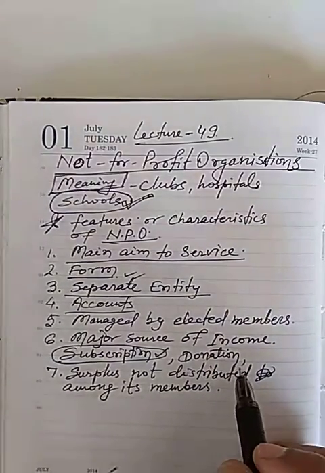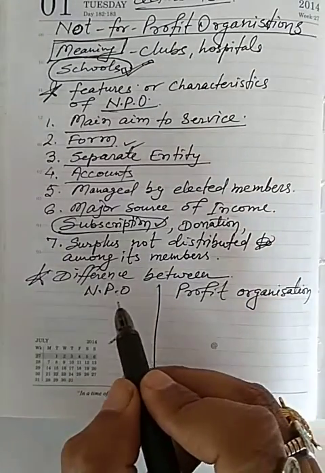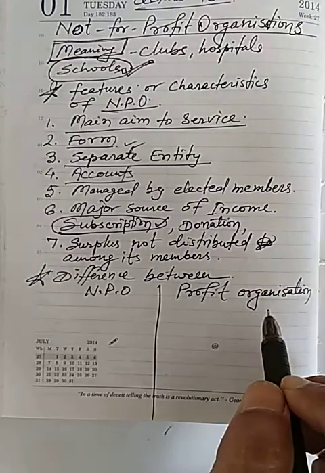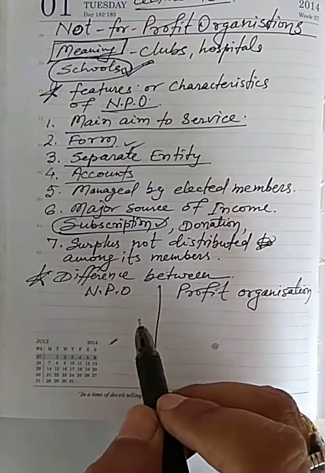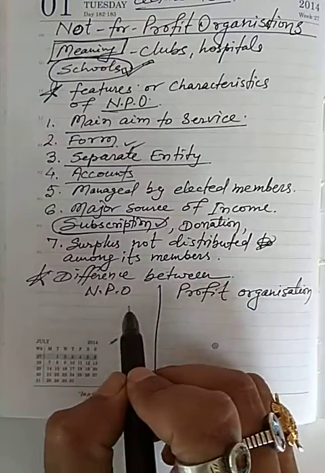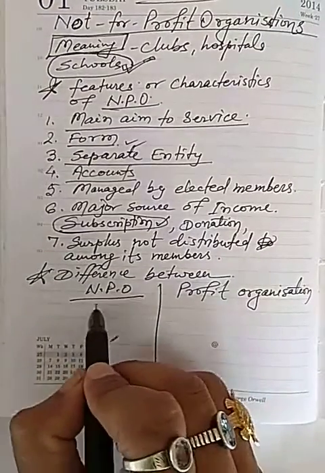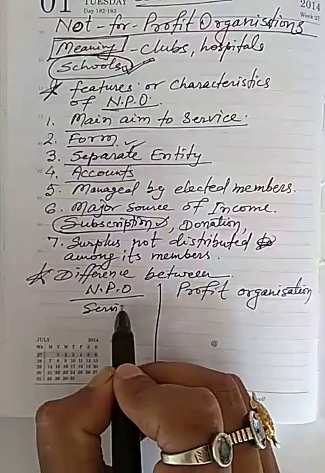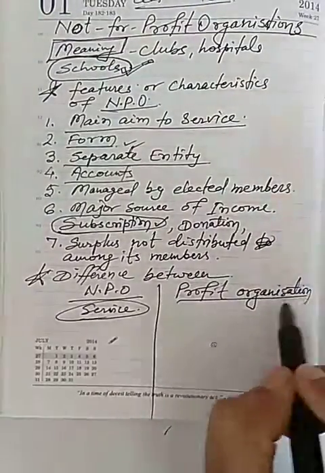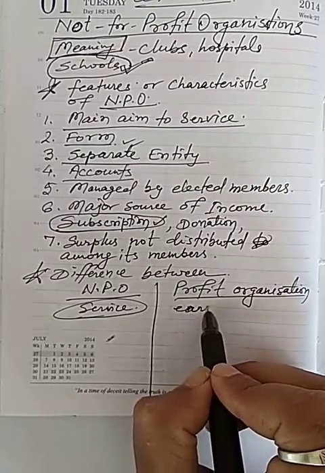Now the difference between not-for-profit organization and profit organization. Primary motive of not-for-profit organization is to provide service, but primary motive of profit organization is to earn profit.